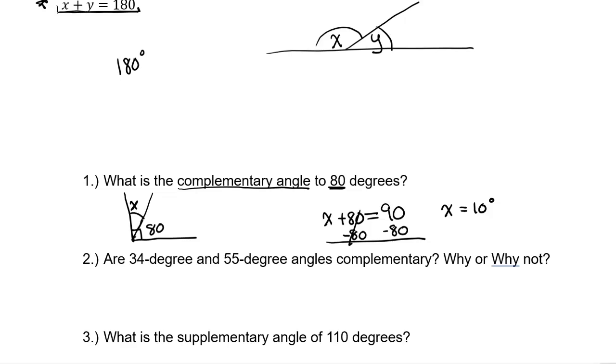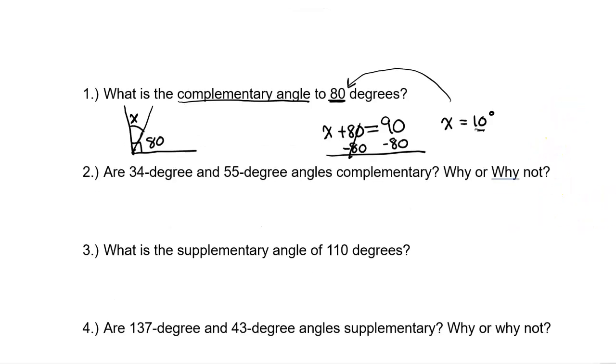Now, as always, because we have solved for something, we can check that answer. So we could say, does 10 plus 80 equal 90? It does. So there's confirmation that, in fact, those are complementary angles. All right, so for 2, it says, are 34-degree and 55-degree angles complementary? Why or why not? So again, complementary is two angles that add up to 90 degrees.